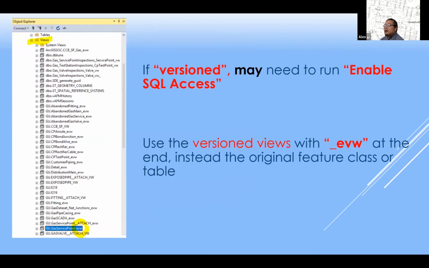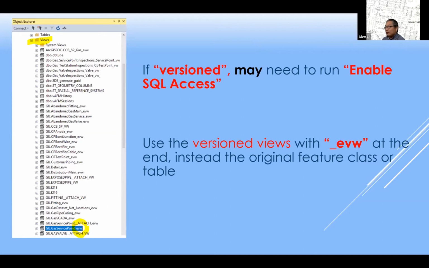There's another thing to think about with the feature class. If the feature class is registered as versioned, we may not be able to use that feature class directly. Then we need to create a version view first.